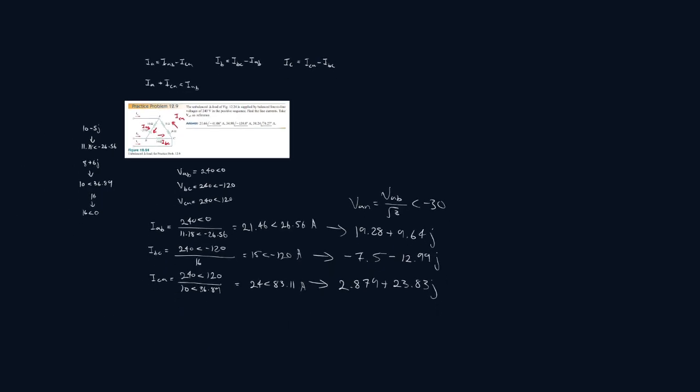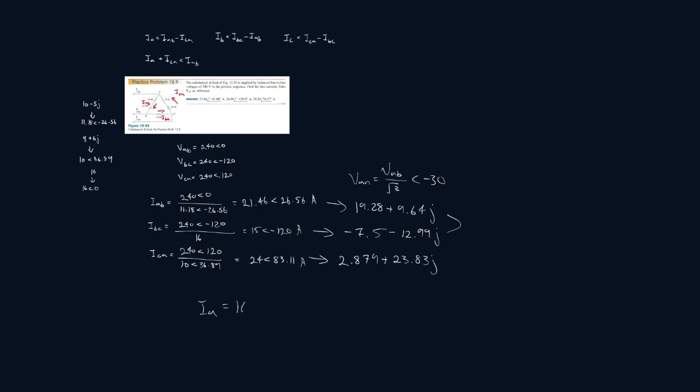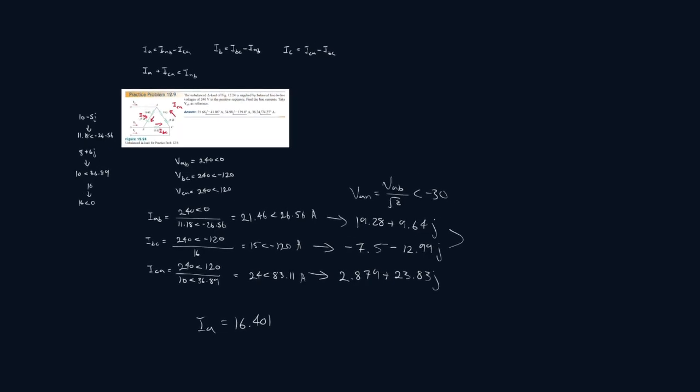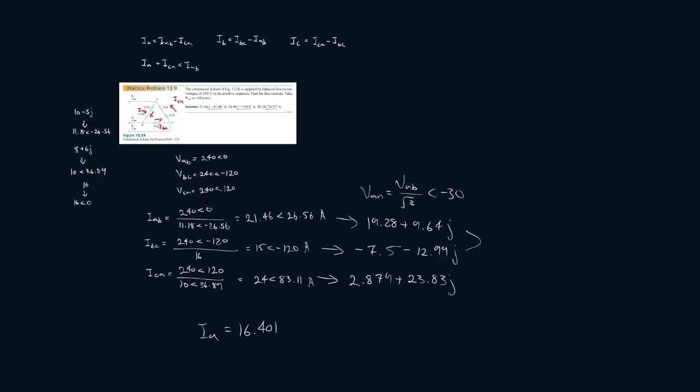All right. So for IA, we subtract these two, and you should get 16.401. Wait, hold on. Let me double check.